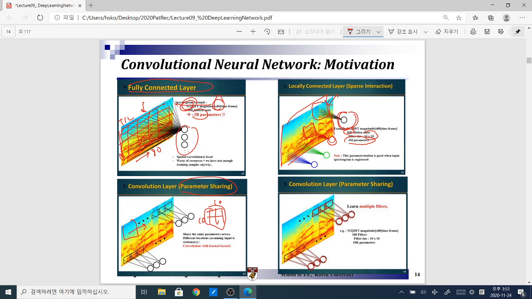Then there is so-called parameter sharing: the connecting weights are continuously shared as it raster scans from left to right, and all the way down to the last corner here. In that case, because the parameters are being shared, the number of parameters is going to be much, much smaller.